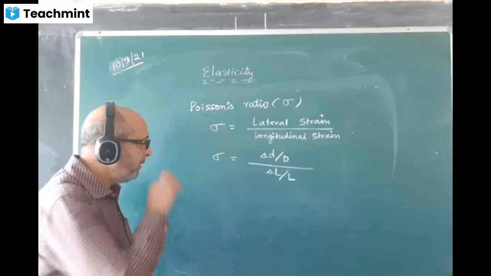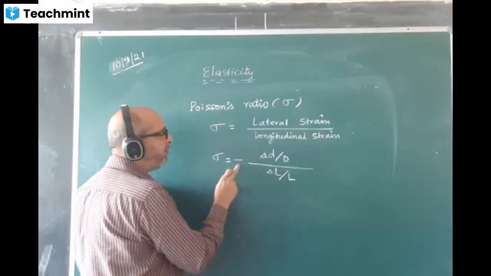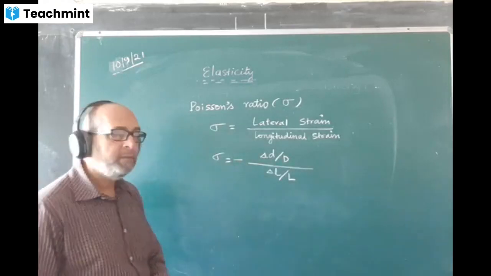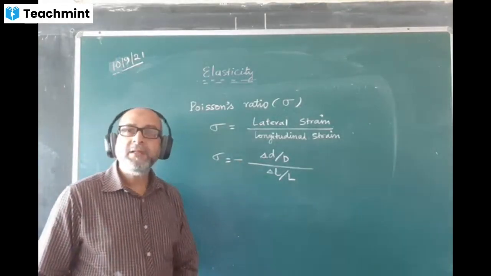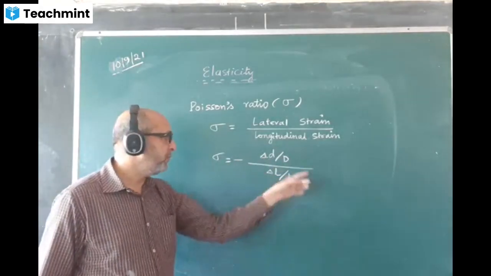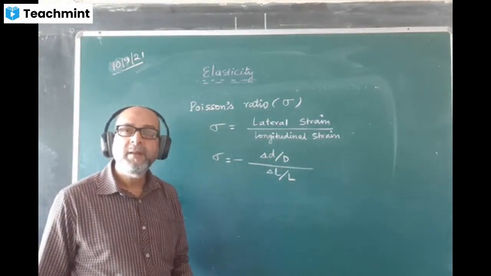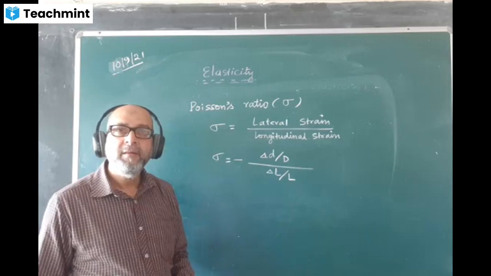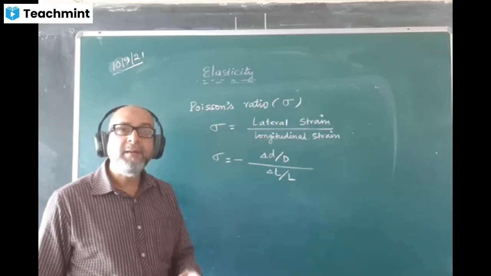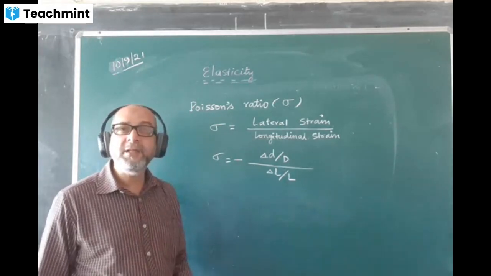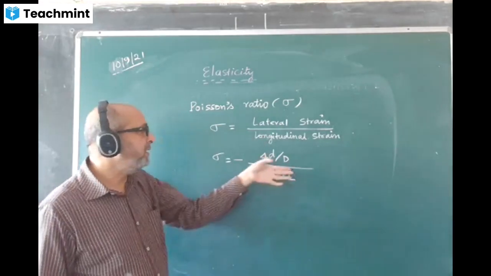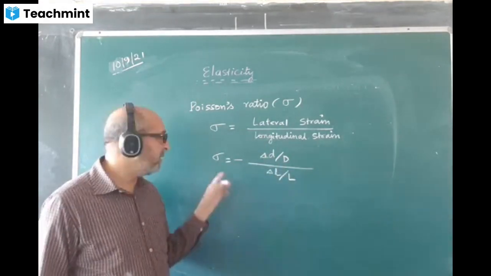And we put a minus sign in this formula. Can you tell me why minus sign is used? Can you guess? With the increase in length, diameter decreases. Very good. That is the idea. With the increase in the length, the diameter decreases, and sigma is the ratio.